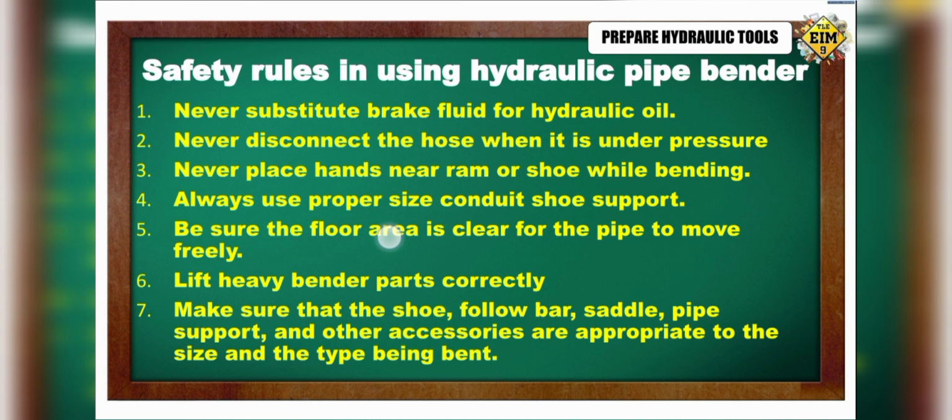Number 5, be sure the floor area is clear for the pipe to move freely. So, during the process of pipe bending, it is very important also to consider the place, at the same time, na wala pong mga disturbance or obstruction sa paligid while we are conducting pipe bending. Specifically, ang size ng mga conduit natin kapag gumagamit tayo ng hydraulic pipe bender is 1 inch pataas.